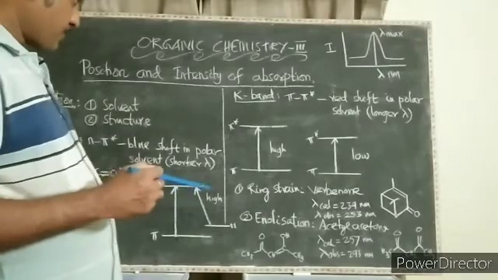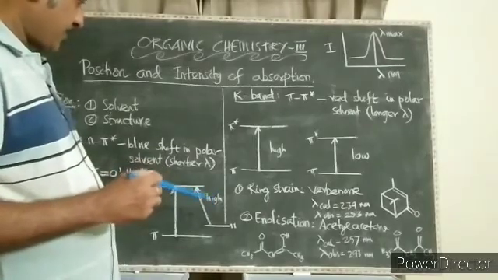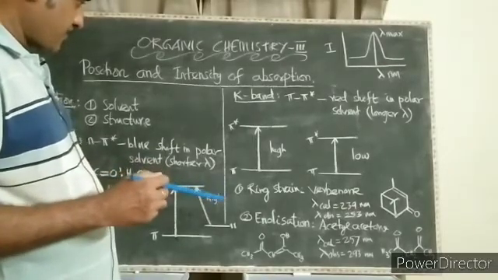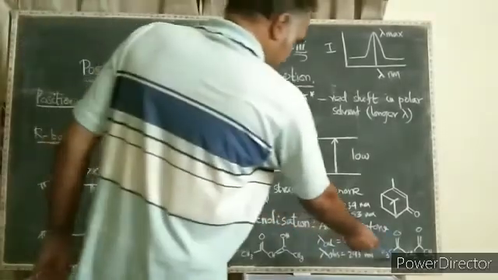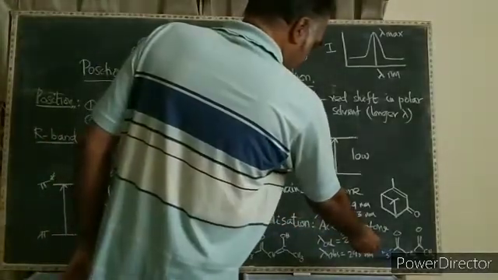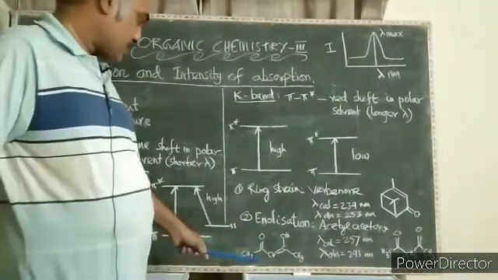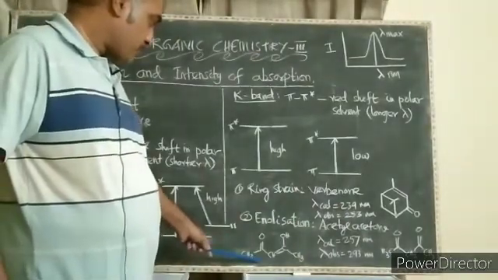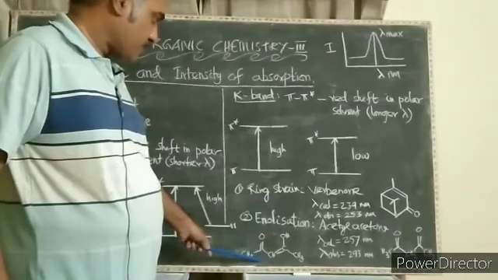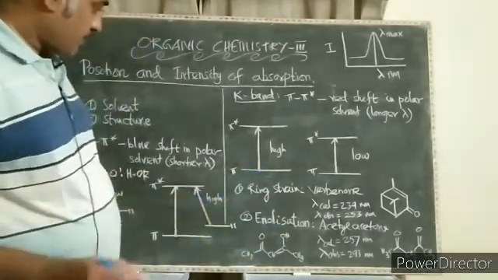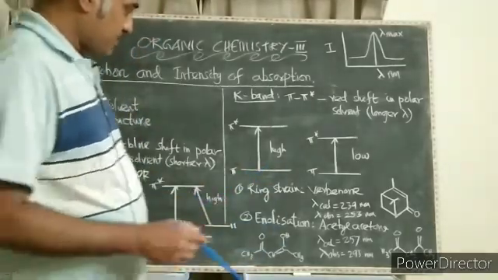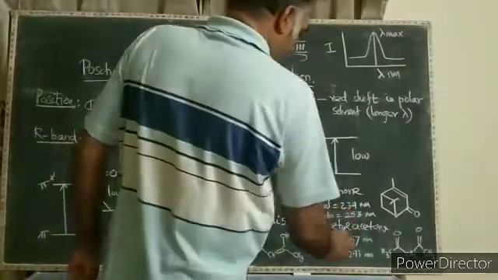Second, ionization. For ionization, let me take as an example acetyl acetone. The structure of acetyl acetone is shown here, and when its wavelength of absorption is calculated, it comes to around 257 nanometer.